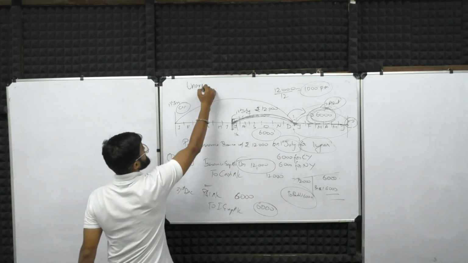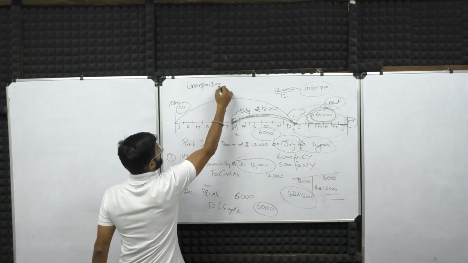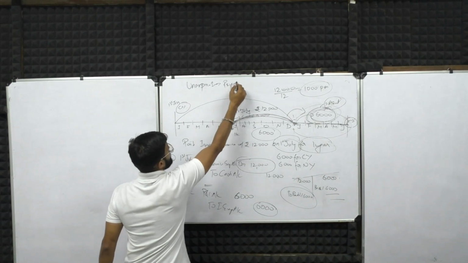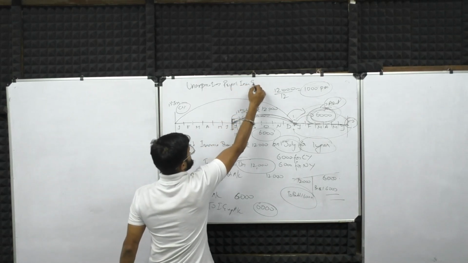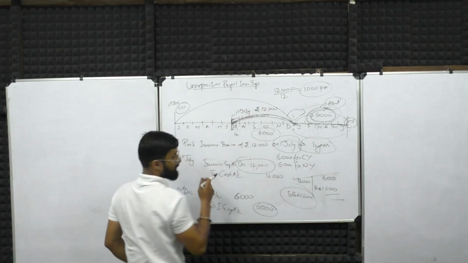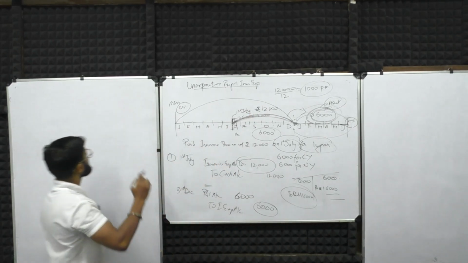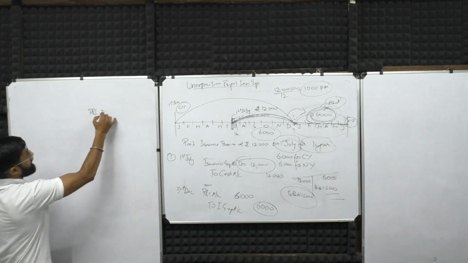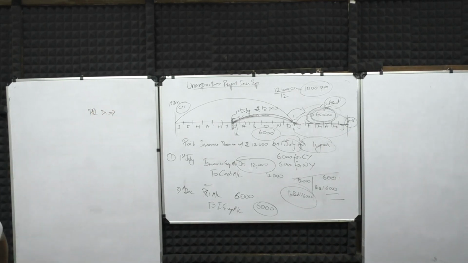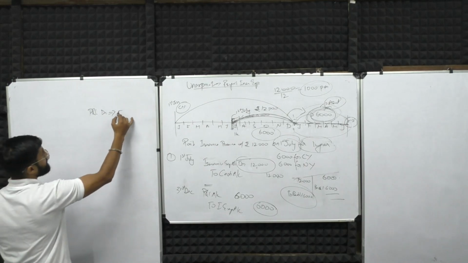So unexpired insurance is what? Prepaid insurance expense, which was debited earlier to the profit and loss account. The profit and loss account was debited as per the question, 5,500.